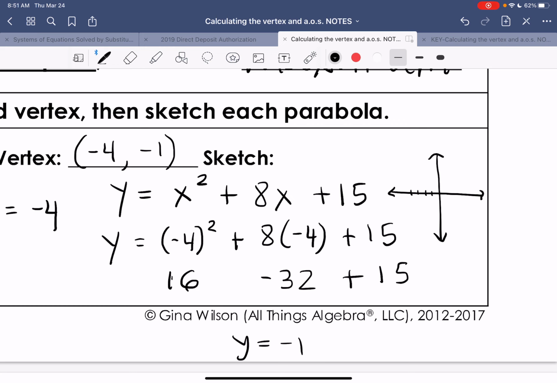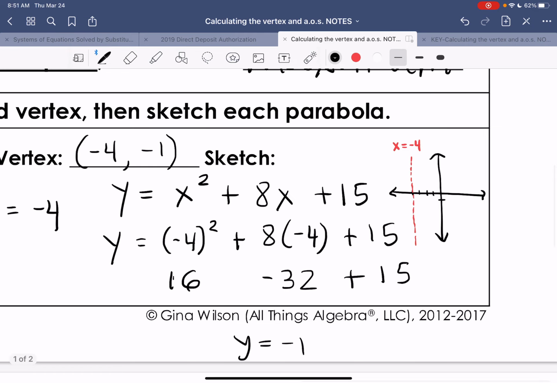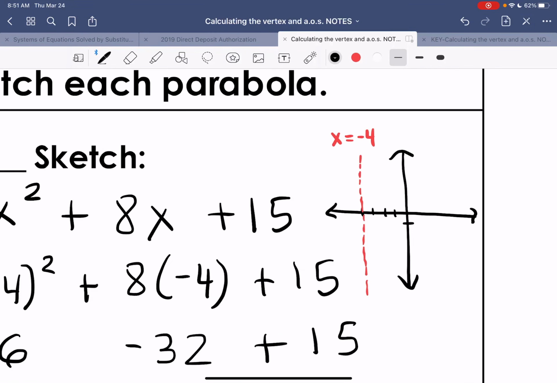So we're going to have, I'm going to use red, an axis of symmetry at x is equal to -4. And then we know our vertex is going to be at -4, -1, which we see would be right here.